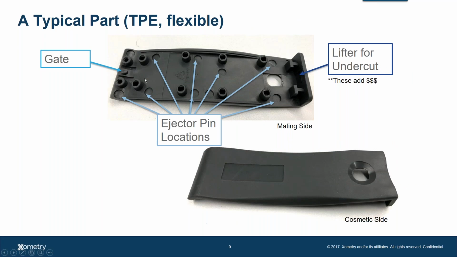I'll rewind back to this piece here. This piece that I have on this slide is a flexible material, which means it can kind of snag in place. If you grab this, it'll feel like an elongated eraser as far as the texture goes. This has a lot of ejector pins, essentially because you have all these protrusions around these features here, and they can all be potential snag points.